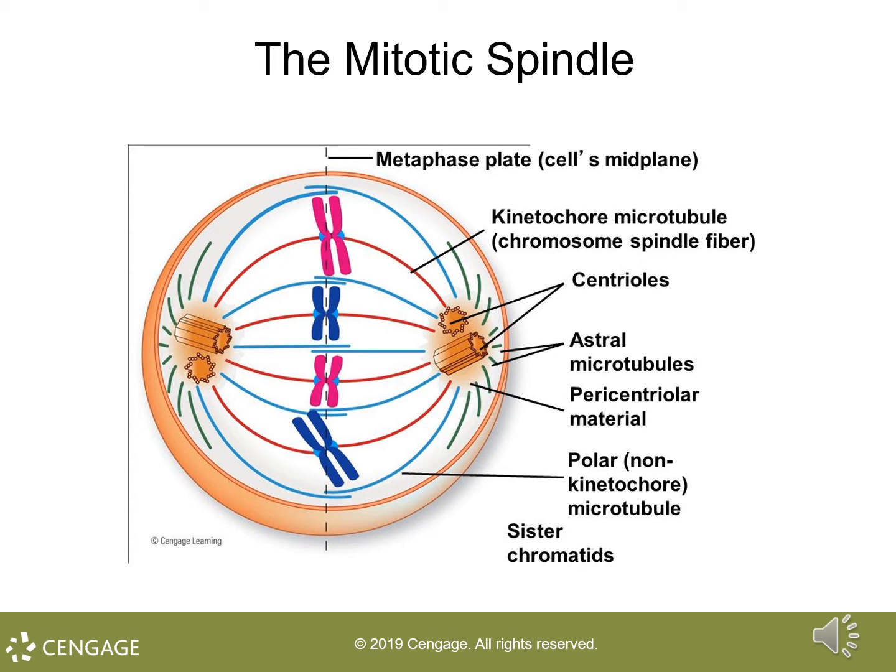These astral microtubules, which here are represented in green, radiate in all directions, forming the aster. Then we have kinetochore microtubules, pictured in red, which connect the kinetochores to the pole. Then we also have polar, so non-kinetochore, microtubules, which are blue here, and they overlap at the midplane. They'll all have roles while these guys are separating, when we see separation start in anaphase.